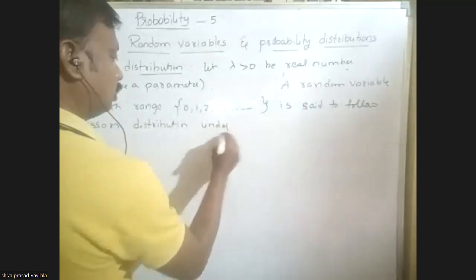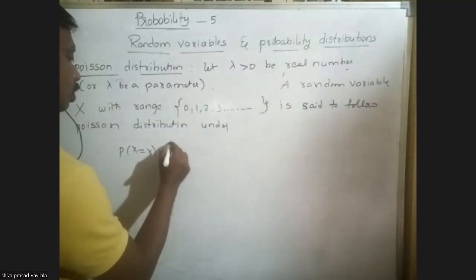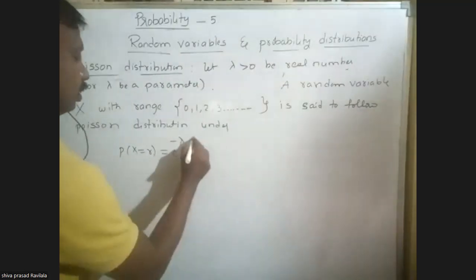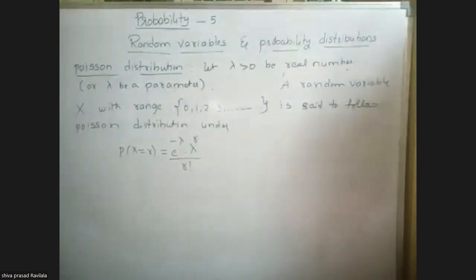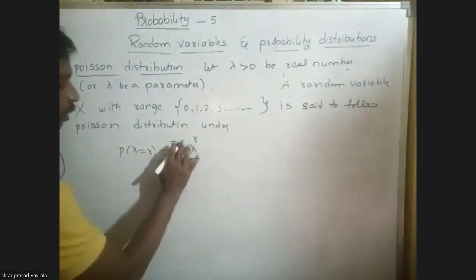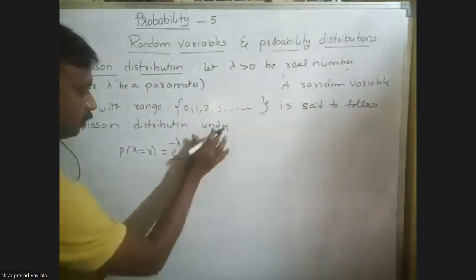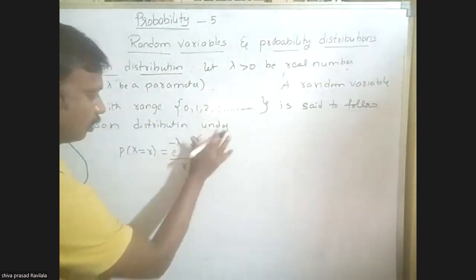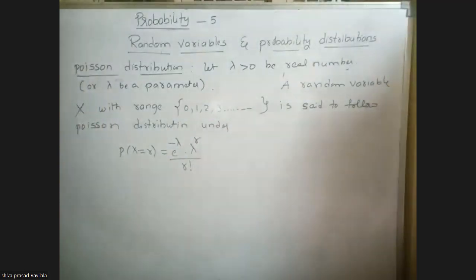What is the condition? Anybody? Probability of x is equal to r is equal to e power minus lambda into lambda power r by r factorial, where lambda is the parameter and lambda will be the mean in this case.